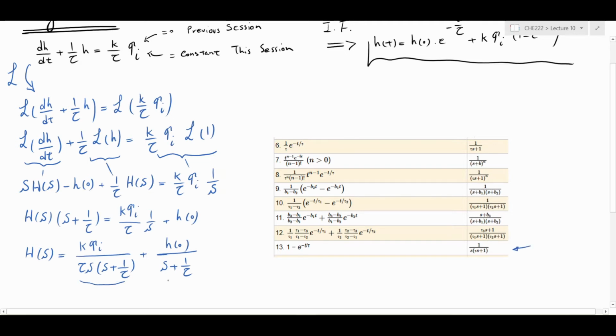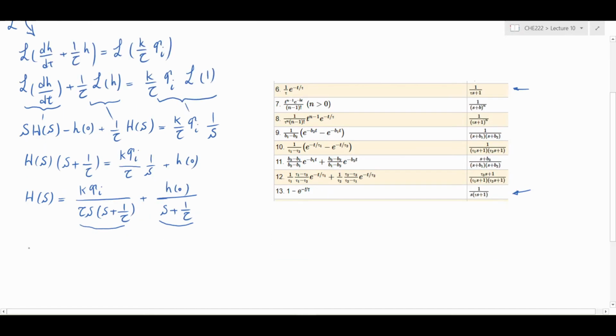And for the second term, I can make it similar to expression number 6. All I need to do is to simplify the first term and multiply the numerator and denominator of the second term by tau. Now you can see that these two terms are exactly item number 13 and item number 6 of the table.